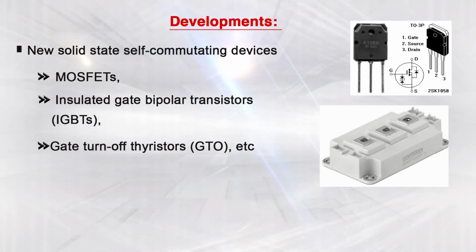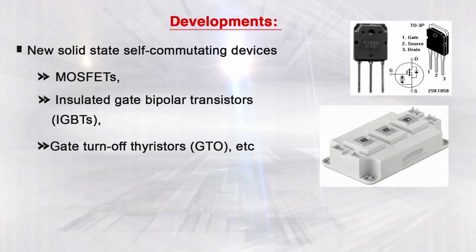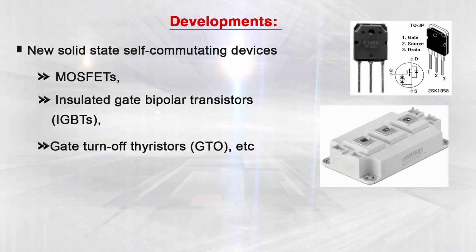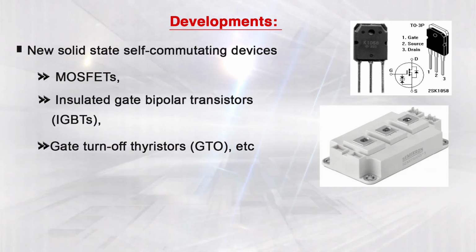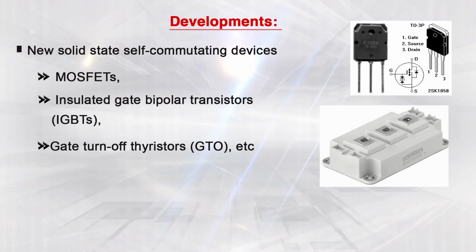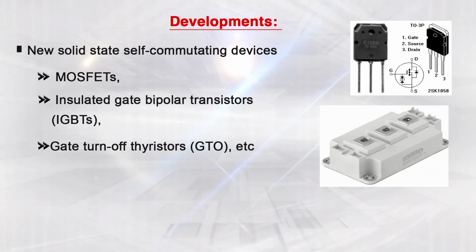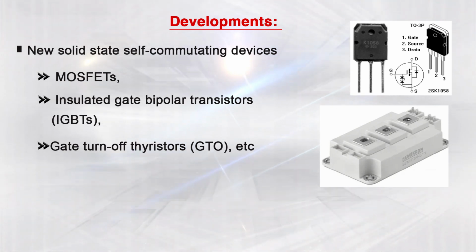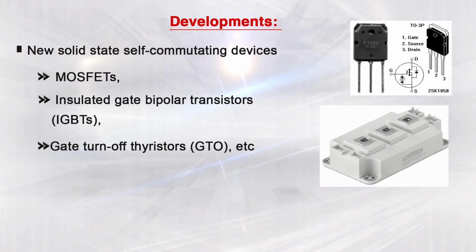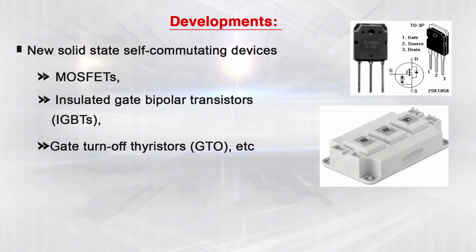As we know, a MOSFET can be switched at very high frequency, in the megahertz level, but the power level of a MOSFET is restricted to some extent. Generally, people use MOSFETs for low power applications. However, we have other devices: the insulated gate bipolar transistor, IGBT, and the gate turn off thyristor, GTO.